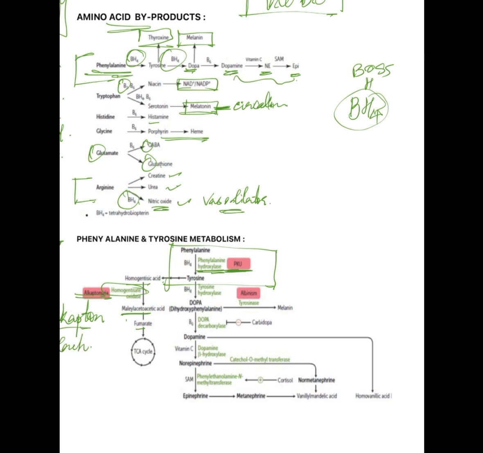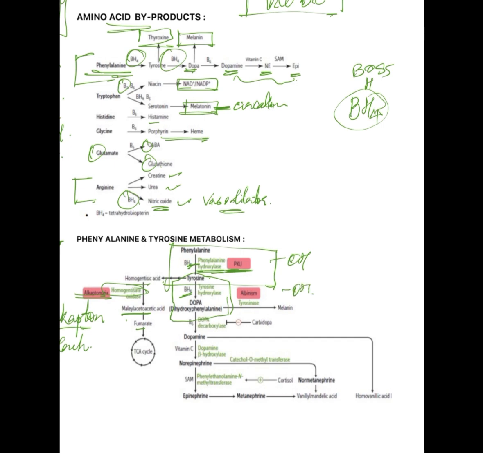Okay, then in the other alternative cycle, where tyrosine is getting converted to DOPA and then to melanin, dopamine and other sympathetic products, if there is deficiency of tyrosine hydroxylase. Remember, the first two steps here are hydroxylation, where there is attachment of an OH group.